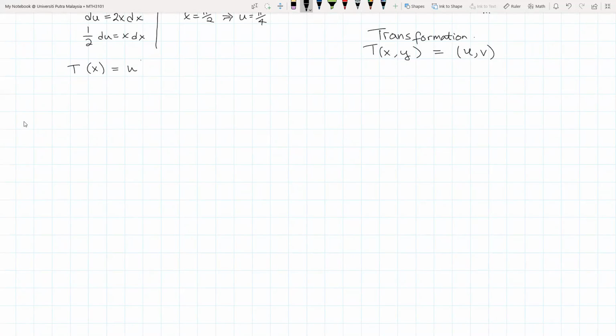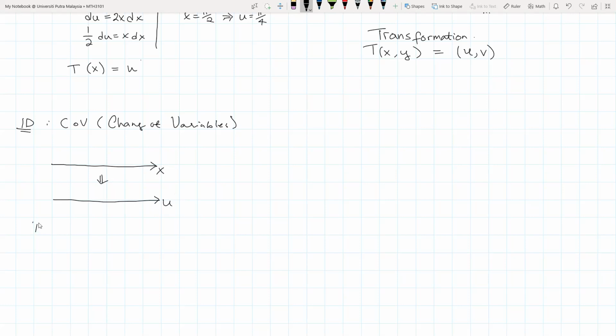Okay, in one dimension, what you did was change of variables. So I just write COV, meaning change of variables. What you did was in one line, only in the x direction. And then x becomes u, so you transform x into u.